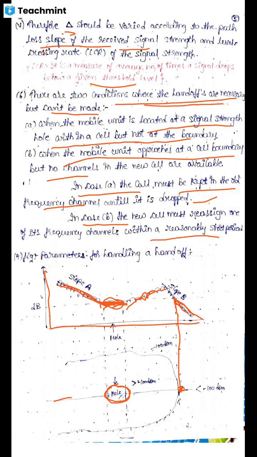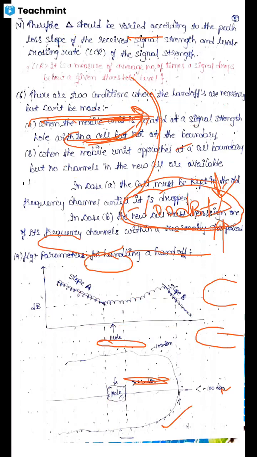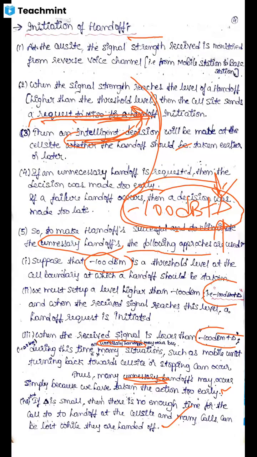Clear? This is about initiation of handoff, where we studied unnecessary handoffs and failure handoffs, and how to overcome them. Unnecessary handoffs are also called early decision handoffs, which are applied too early, and failure handoffs are the handoffs which are applied too late.